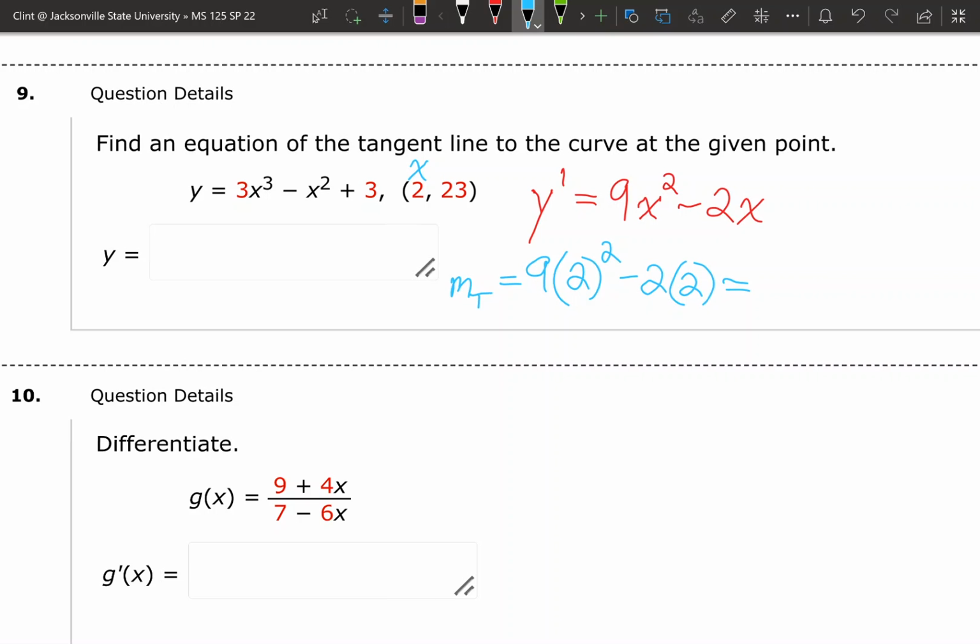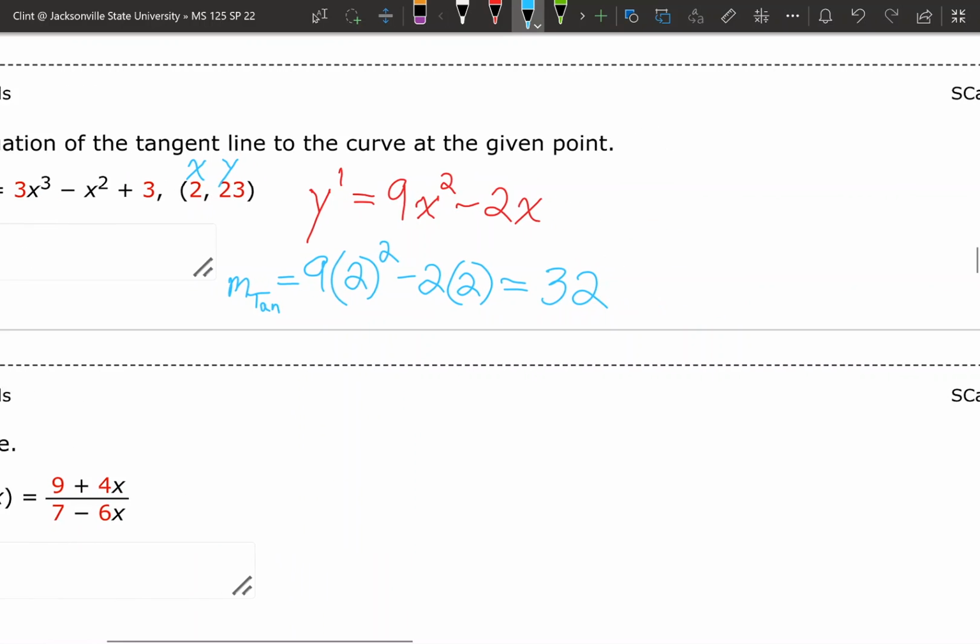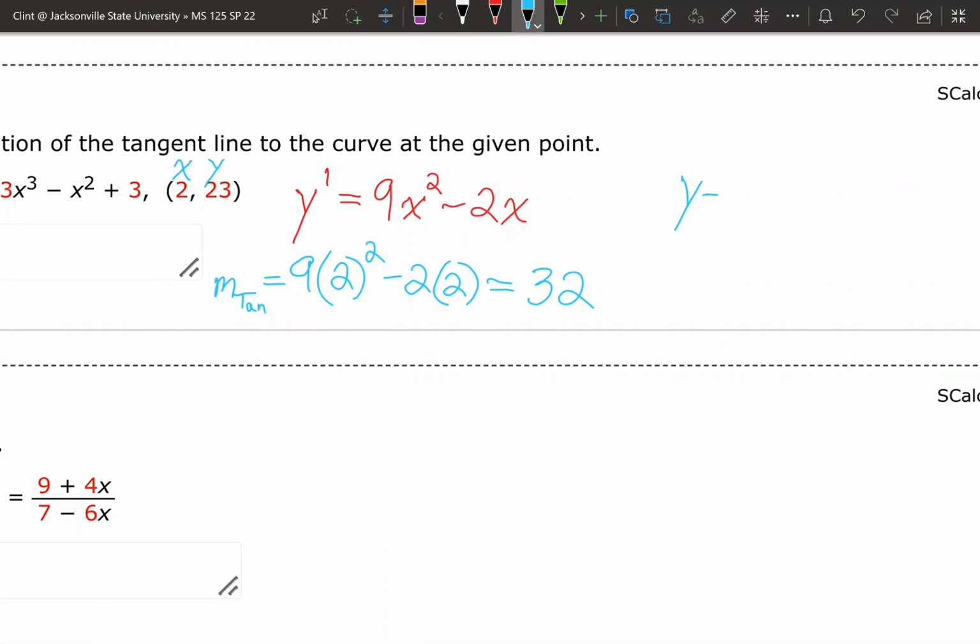So let's see, that's 36 minus 4, so 32. There's the slope of our tangent line. And then to figure out the equation of our tangent line, we can also use the y-coordinate of our point. And we can just fill into point slope form.